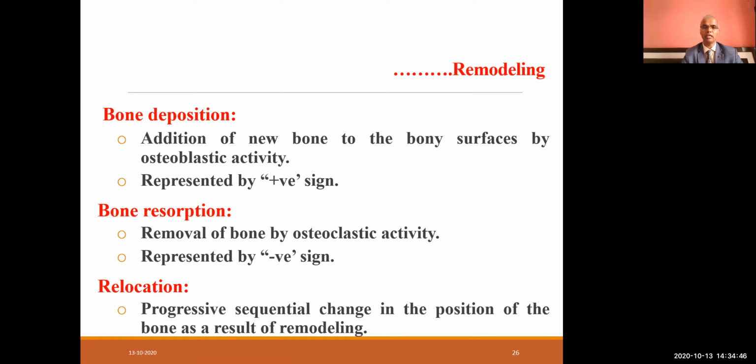It is represented by positive sign. And bone resorption, removal of bone by osteoclastic activity, is represented by negative sign. And relocation means progressive sequential changes in position of the bone as a result of bone remodeling.